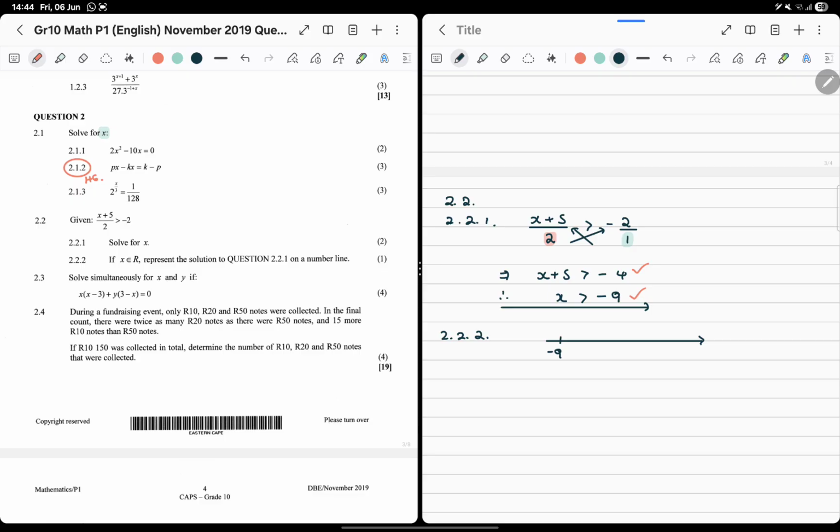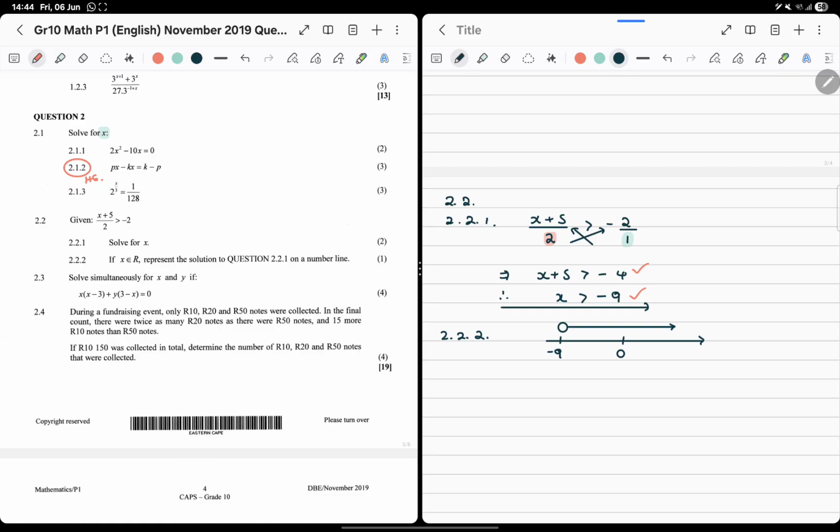Right? Yeah, why not? Maybe if we like, we can show some 0 there just for the vibes, I mean. So we know that this is not included. So our solution goes like that.